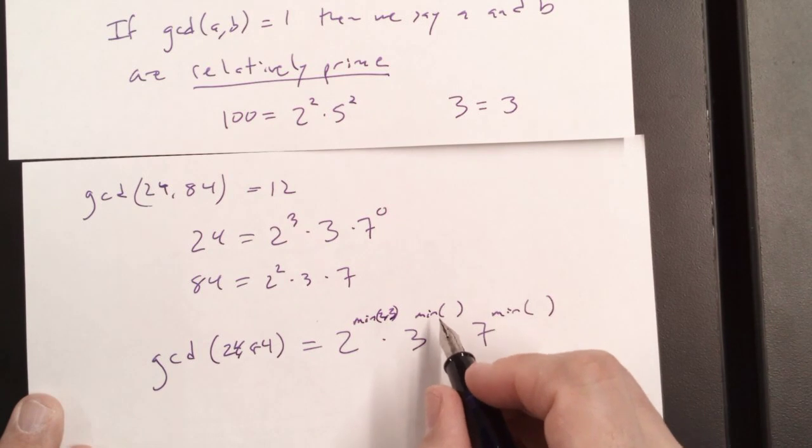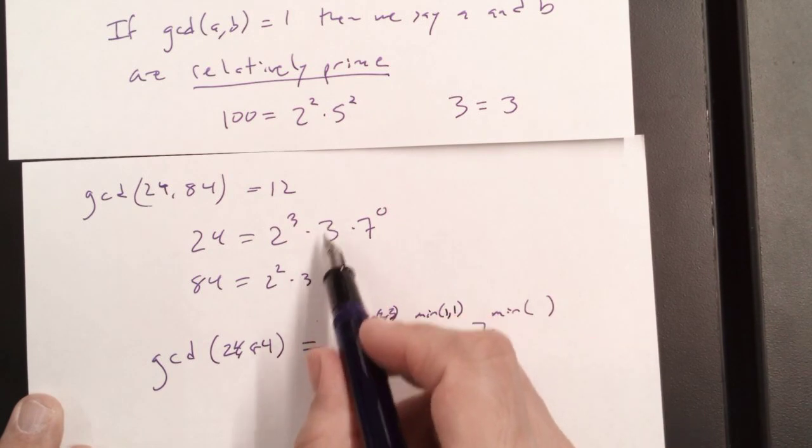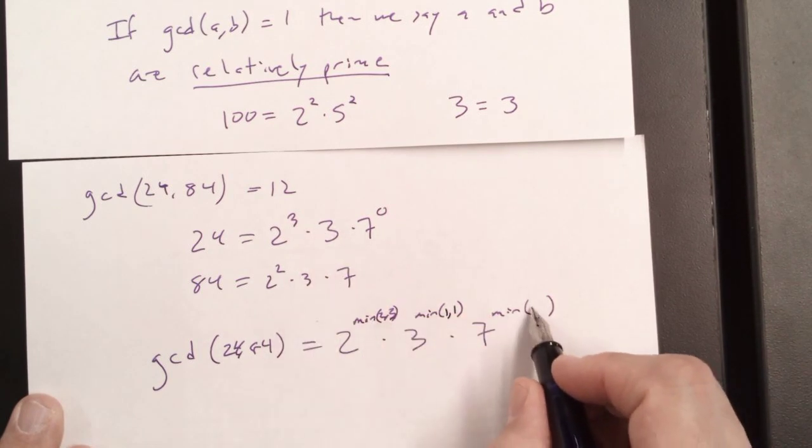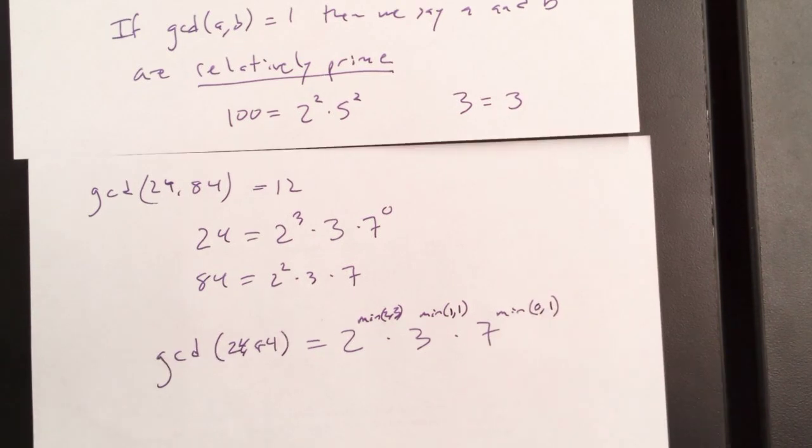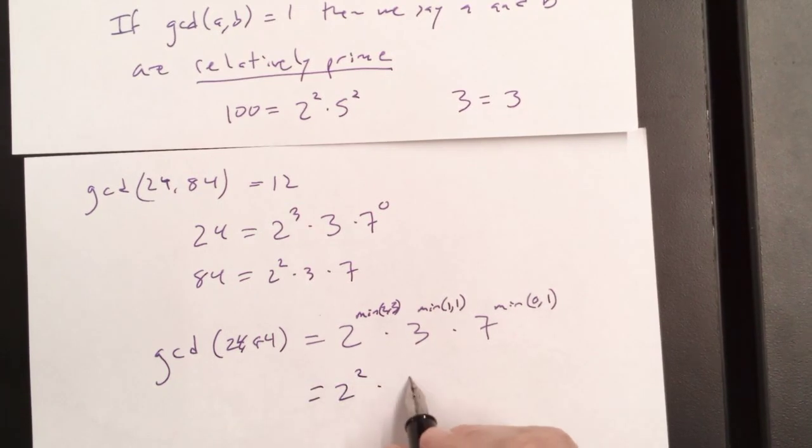Smaller power up here would be a choice between 1 and 1, because it's 3 to the first. Smaller power here would be the minimum of 0 and 1. So that's 2 squared times 3 to the first times 7 to the 0, and that's 12.